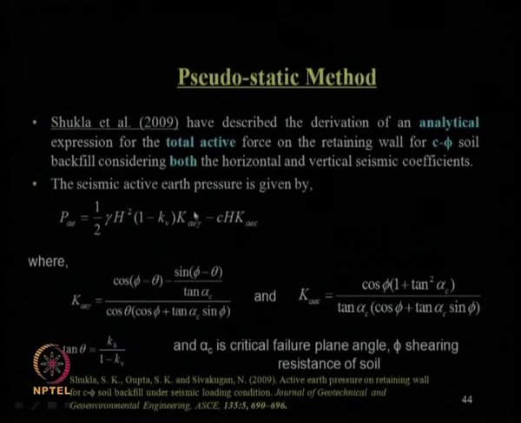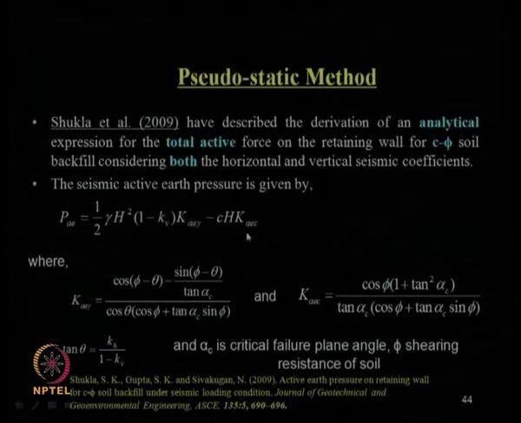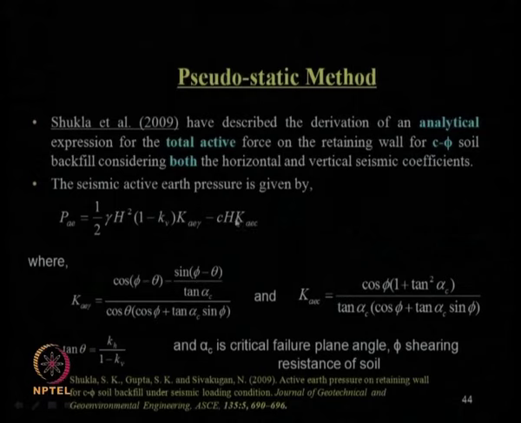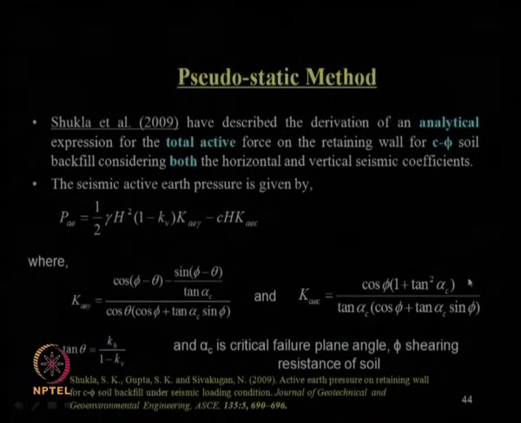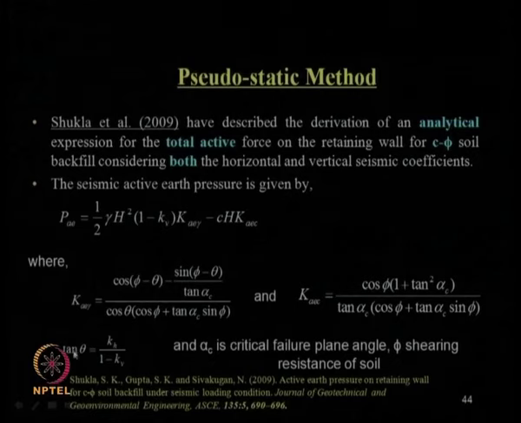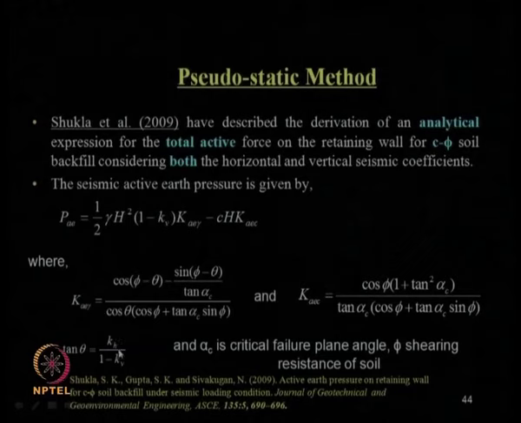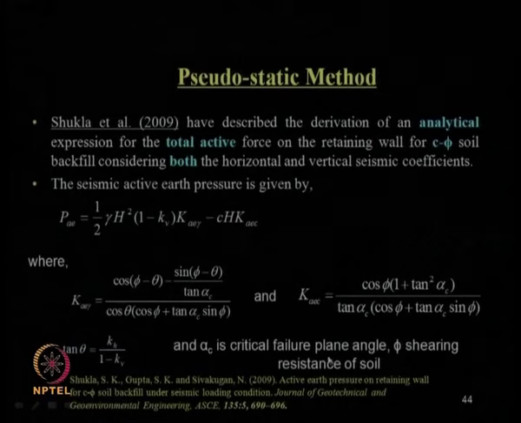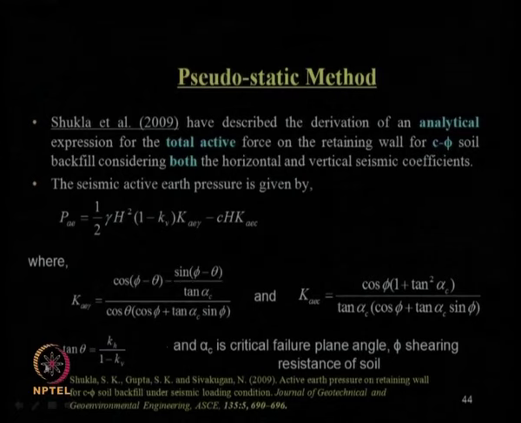This active earth pressure coefficient K_AE gamma is with respect to the unit weight component of the soil, whereas K_AE c is the coefficient of active earth pressure with respect to the cohesion component, and their expressions are given here, where tan theta is nothing but kh by 1 minus kv, like for Mononobe-Okabe. Also, alpha c is the critical failure angle and phi is the frictional angle of the soil.